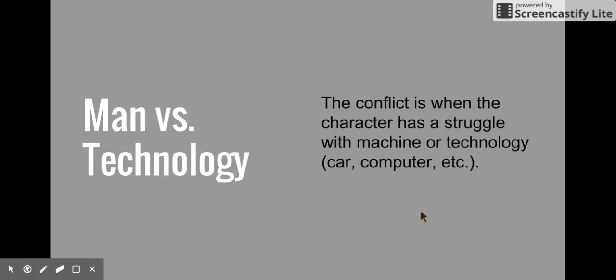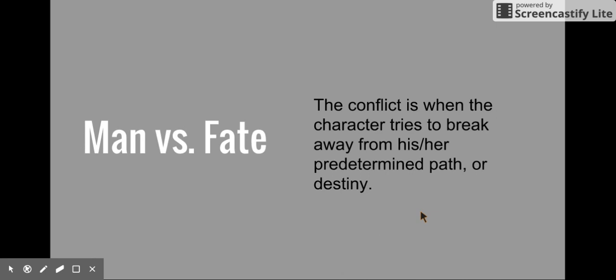The next one is man versus technology. This one we have a lot in our lives now because we're so rooted with technology. And it's pretty self-explanatory. When a character might struggle with a machine or with an iPhone or with a computer or a car breaking down, these would be examples of man versus technology. And the last external conflict we have is man versus fate.